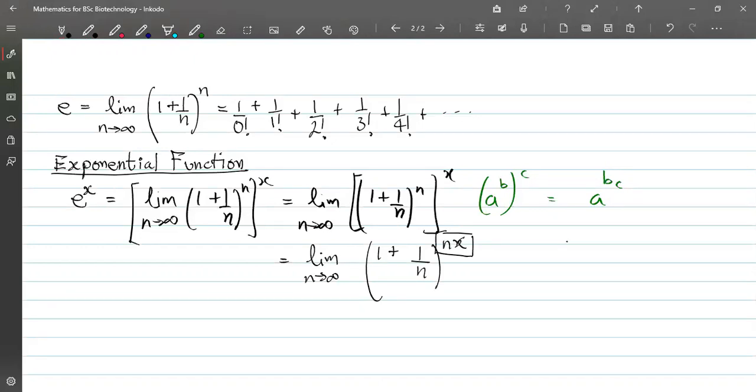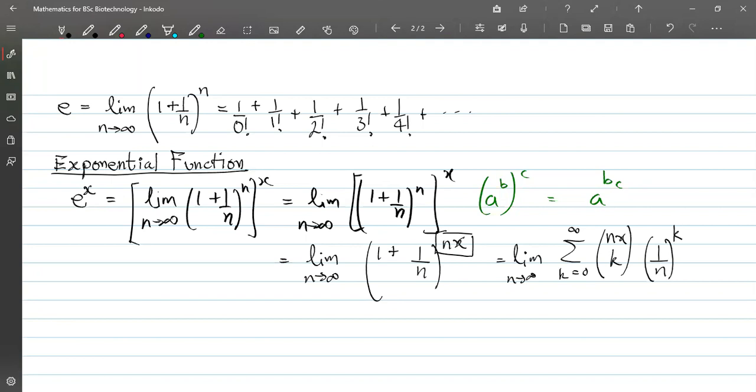So you'll get over here summation k equals 0 to infinity nx choose k times 1 upon n to the power of k.